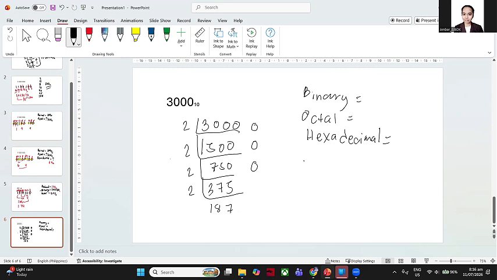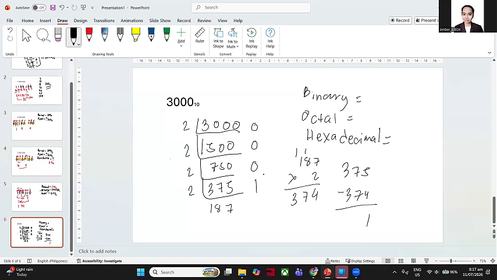Let's check. 187 times 2: 4, carry 1, 7, and then 2, that's 374. So 375 minus 374 is 1.